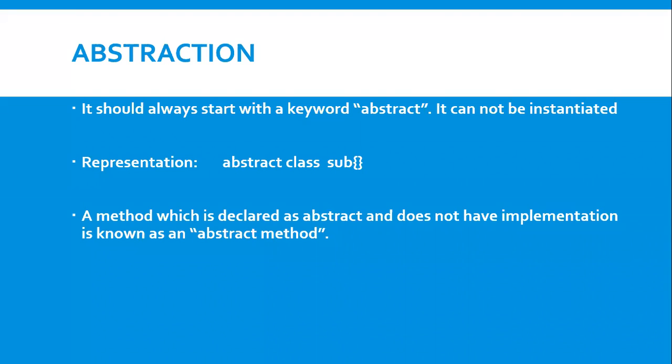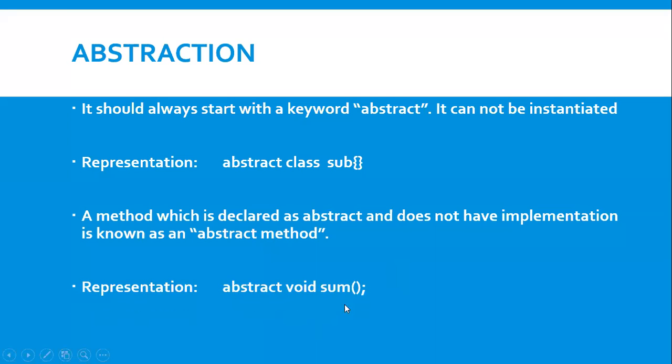Whenever you extend an abstract class that contains two or three abstract methods, all the abstract methods must be overridden inside the child class. All the abstract methods in that abstract class must be implemented in the child class.